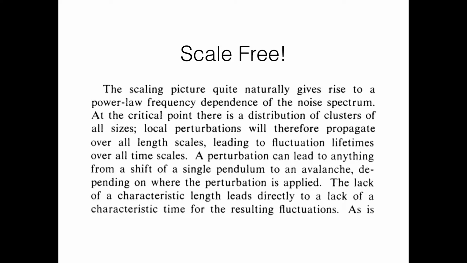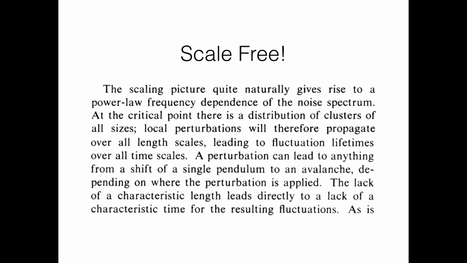Then another thing about self-organized criticality is that the state that you eventually reach has no scale. It's scale free, just like fractals. If you zoom in, you would see the same complexity, right?